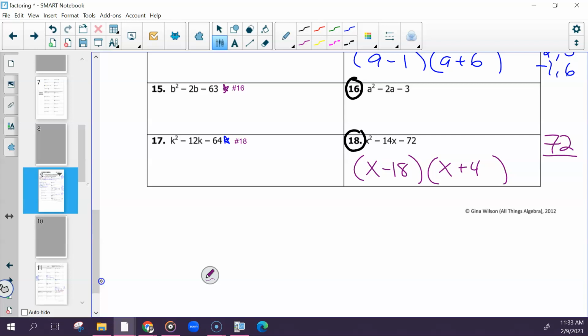Pick another one from that section that we want to see, go over, have questions about. Okay. So for 16, think of the factors of 3.